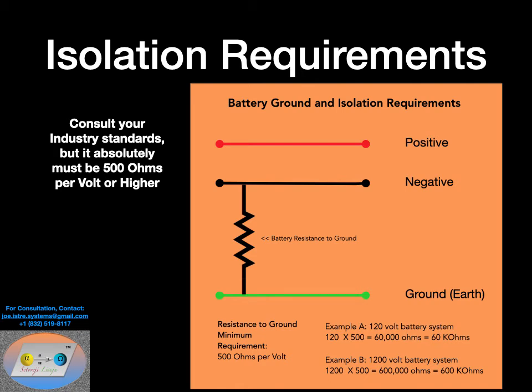For another example, let's say you have an energy storage system connected to the grid via inverters. Okay, it's typically going to be around 1,200 volts. Some of these systems are maximum. So you have a requirement of 600 kiloohms isolation between ground and any of the battery terminals. All right.